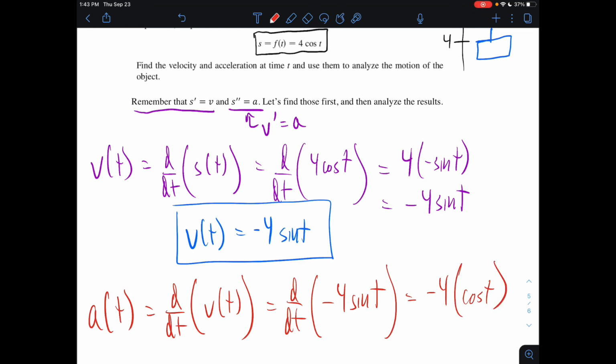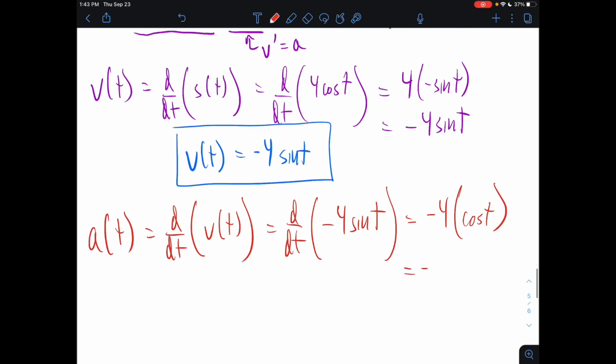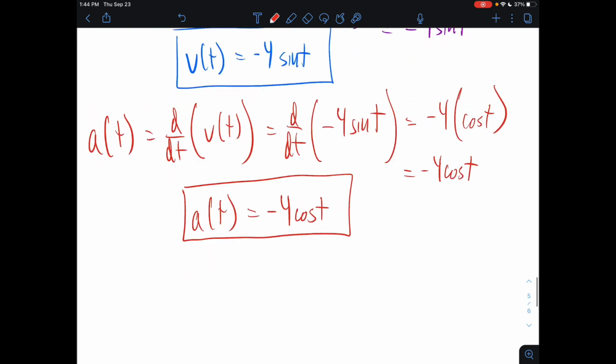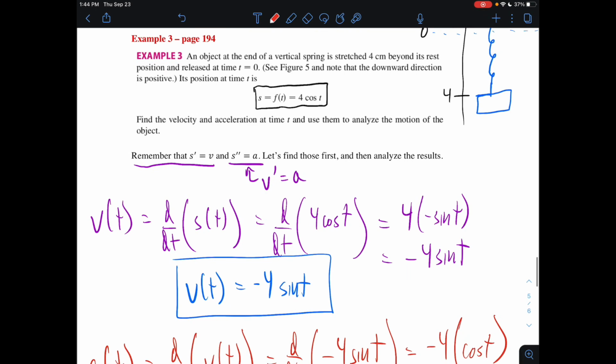And what that gives us is just negative 4 cosine t, and that becomes our acceleration function. So you can see that all of these derivatives give you some very similar things. So we've essentially just got sine and cosine functions here for our position, velocity, and acceleration. And if we were to graph these, we could then analyze the results.